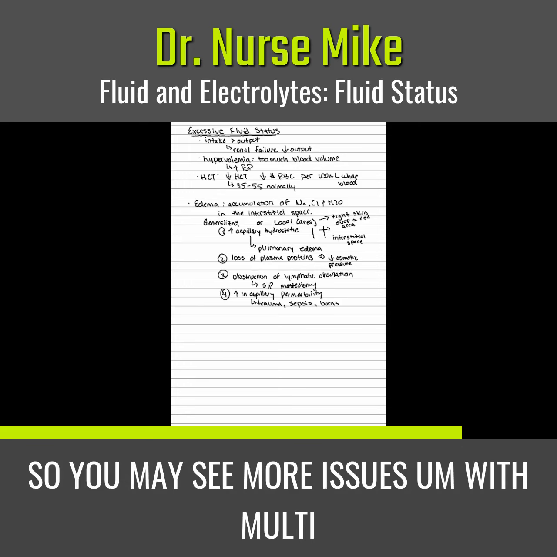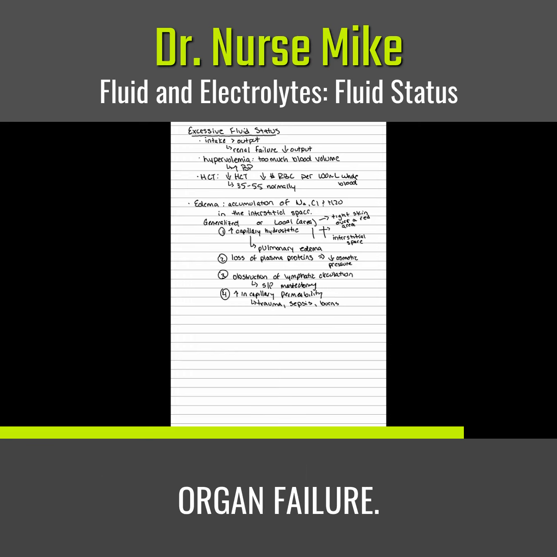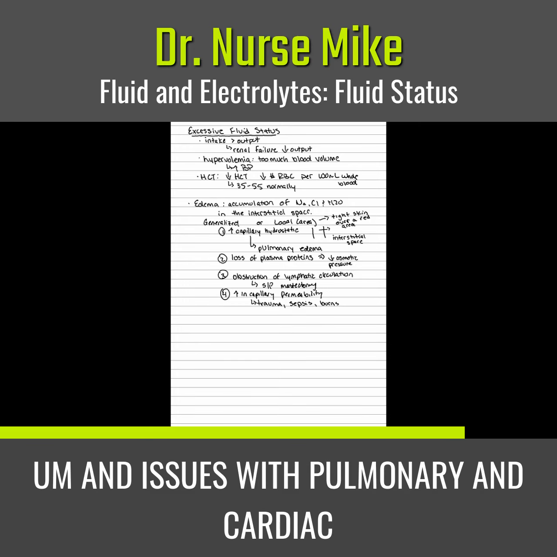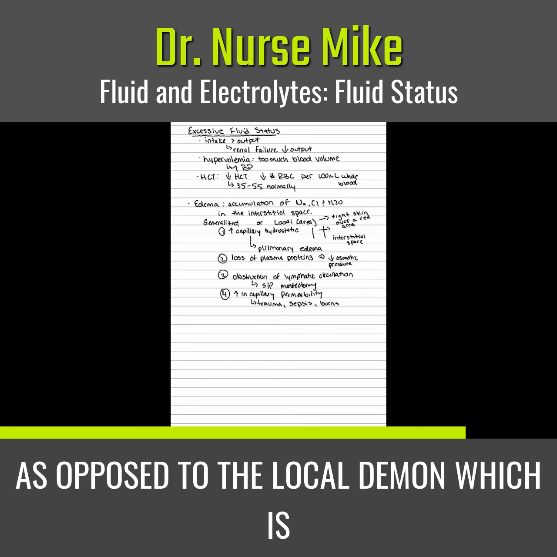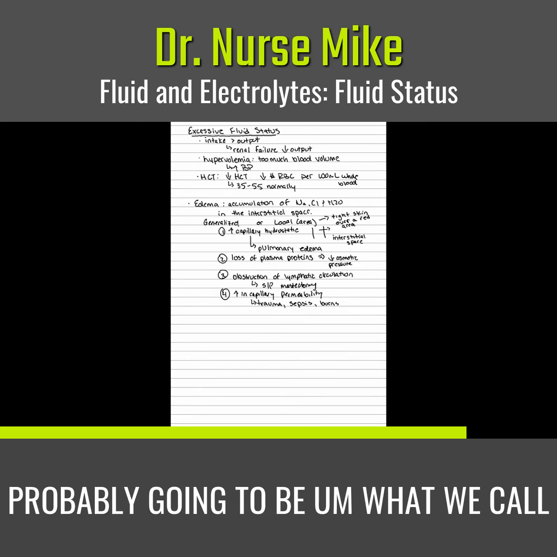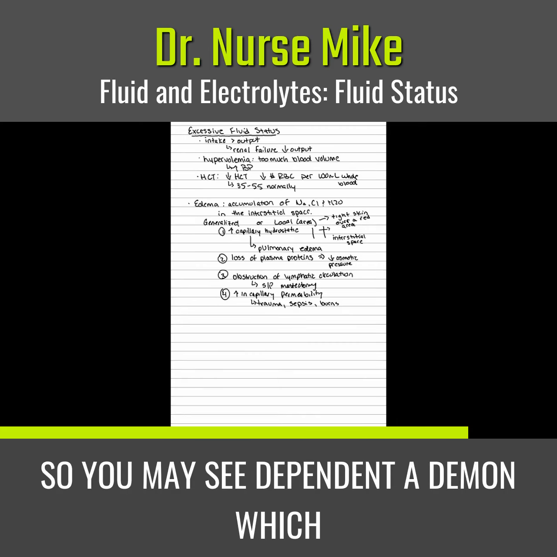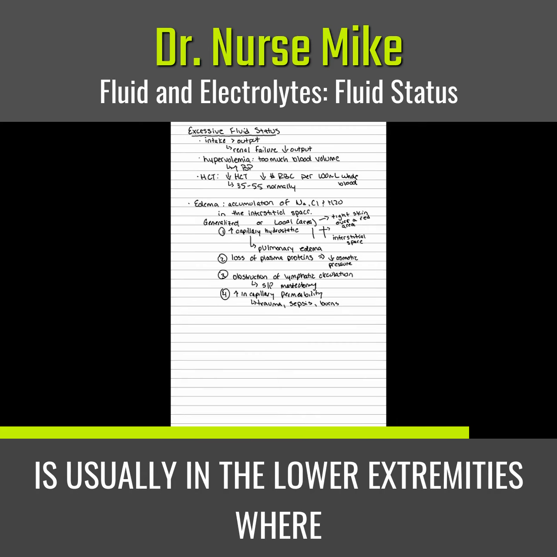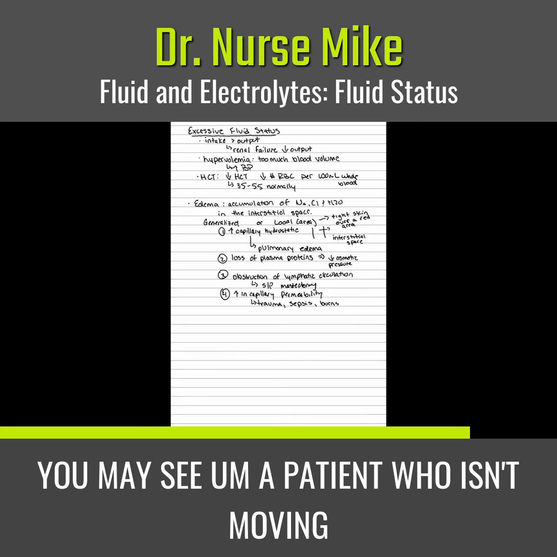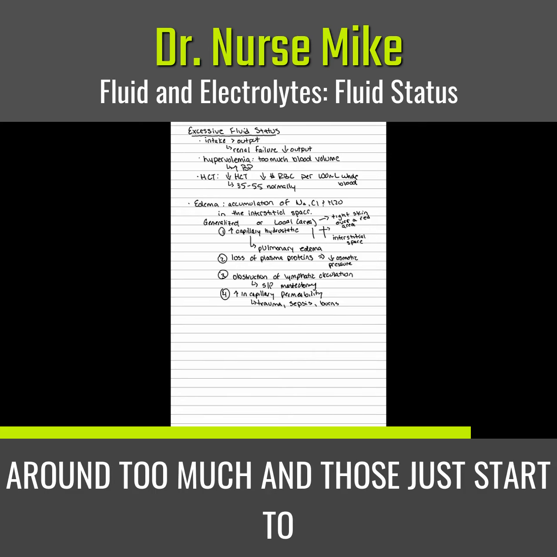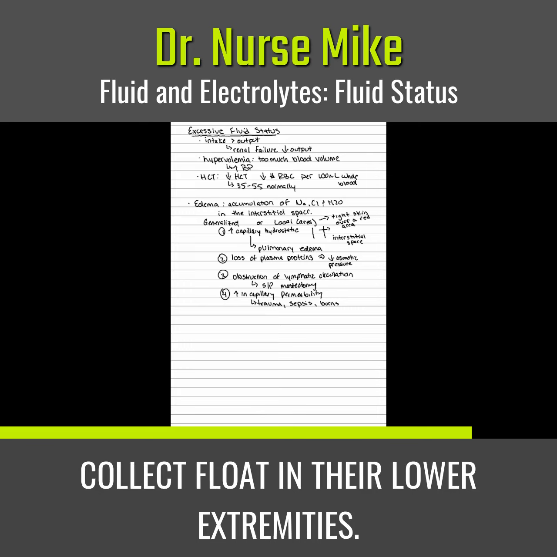So you may see more issues with multi-organ failure, pulmonary and cardiac problems. Local edema, as opposed to that, is potentially dependent edema, usually in the lower extremities, where a patient who isn't moving around much starts to collect fluid in their lower extremities.